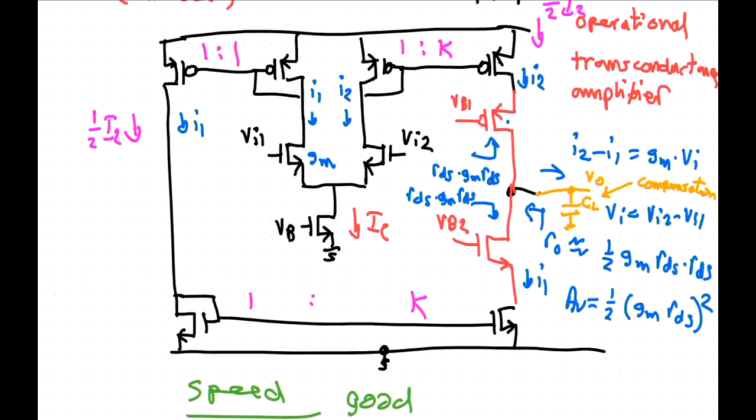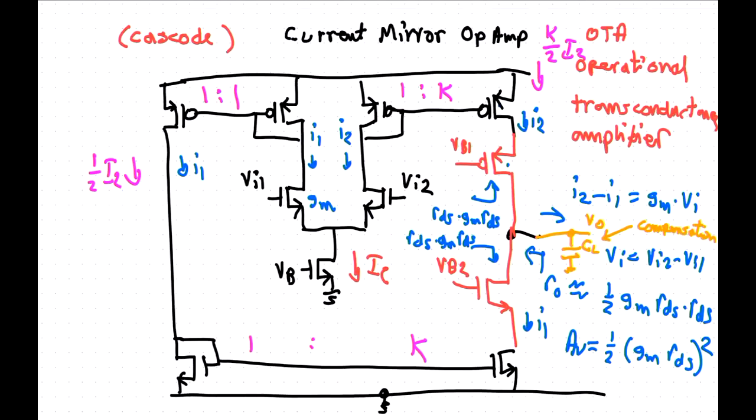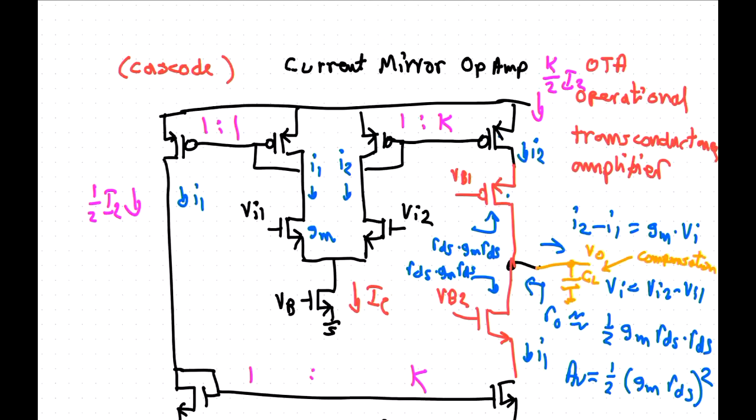So you can see in this structure here, the largest voltage we can have at the inputs is going to be less than the power supply. To a first order, we have a gate source voltage between the power supply and here. So let's say the threshold voltage plus a VT, and then we need to have a threshold voltage across here, and then we have a threshold voltage plus a VT.